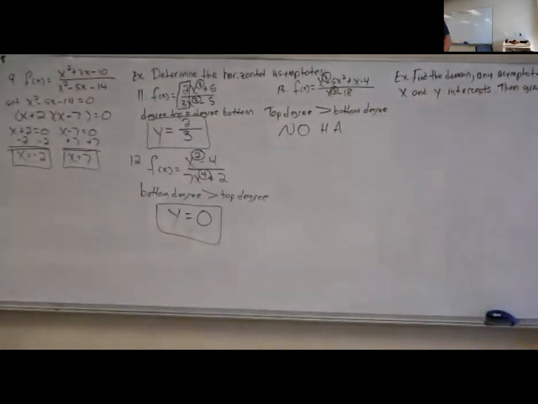Now the reason they're hitting us with these x and y intercepts and all that is so we'll know which way to draw these asymptotes when we get to that point, okay?